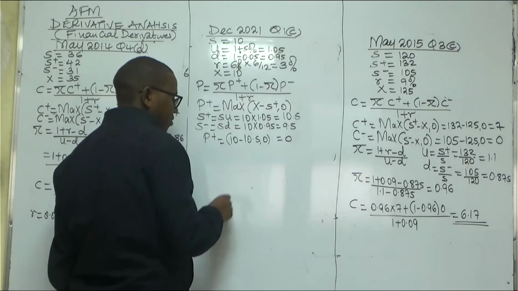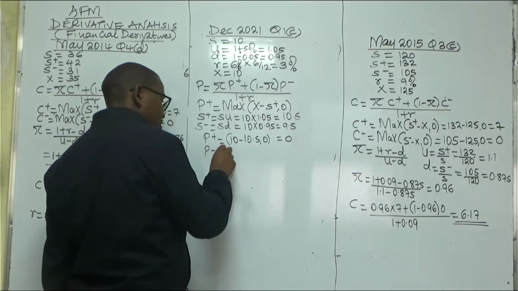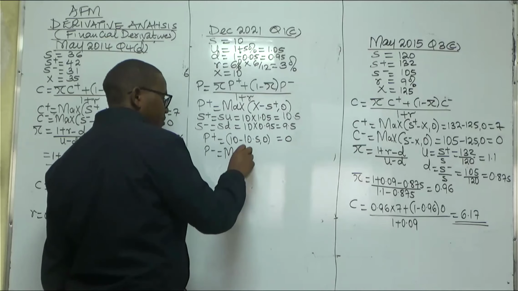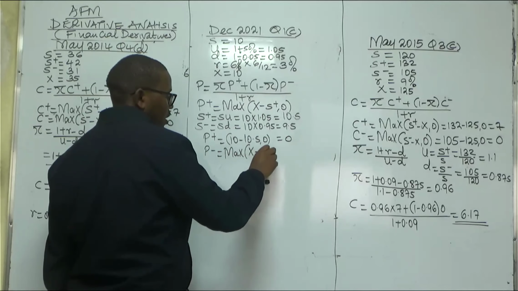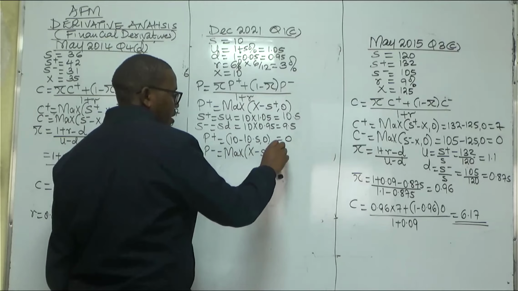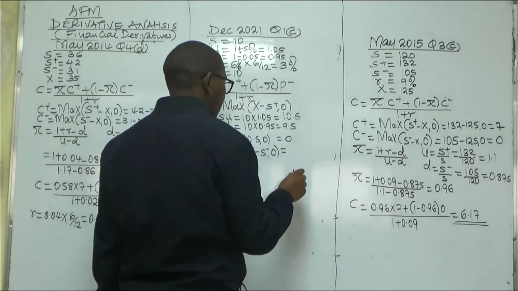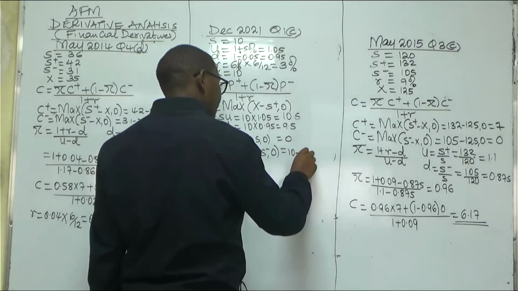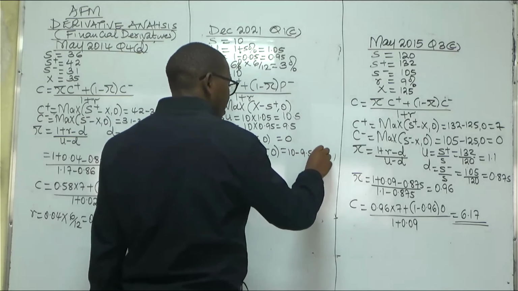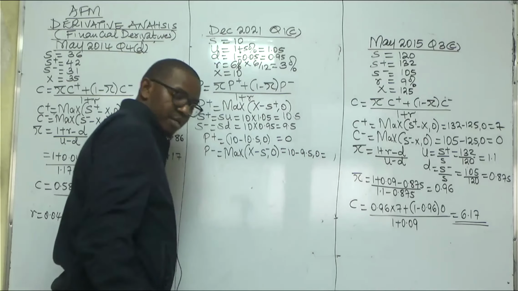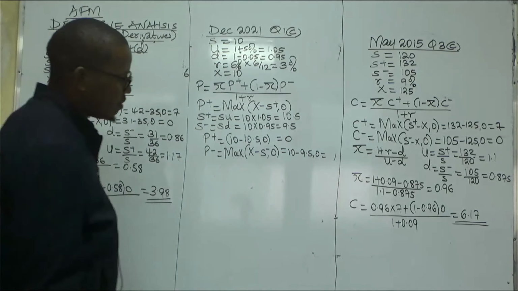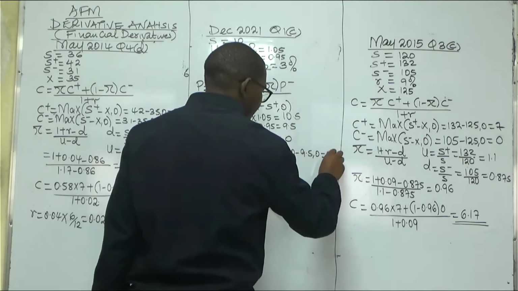This will be 0. What about P minus? It is the maximum of X minus S minus, compared with 0. So the X price is 10, minus 9.5, compared with 0, which is 0.5.